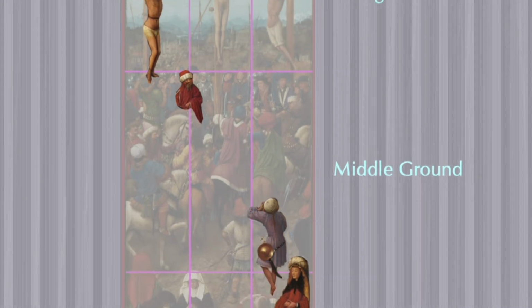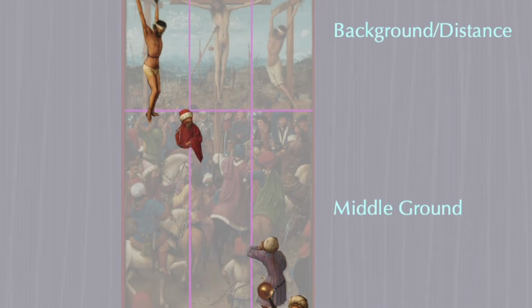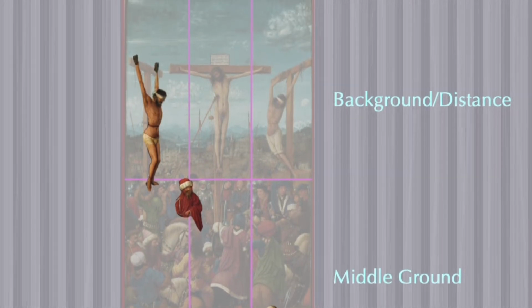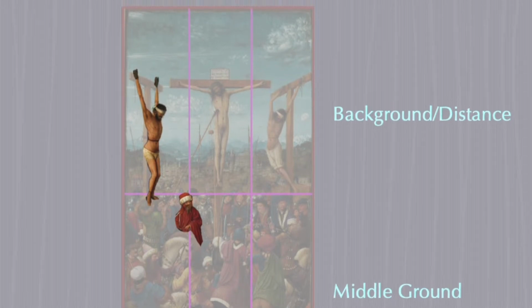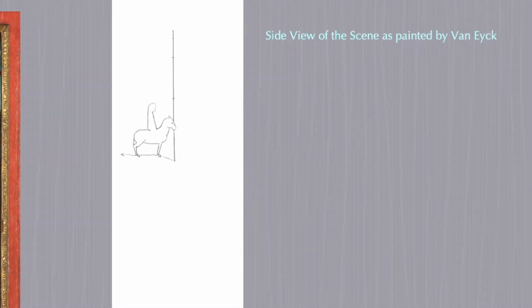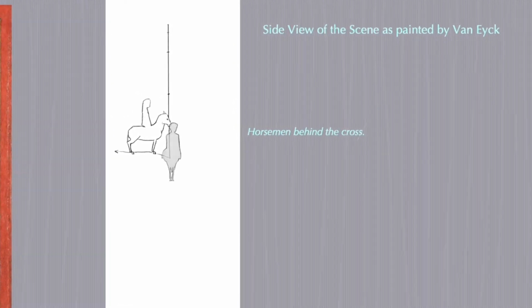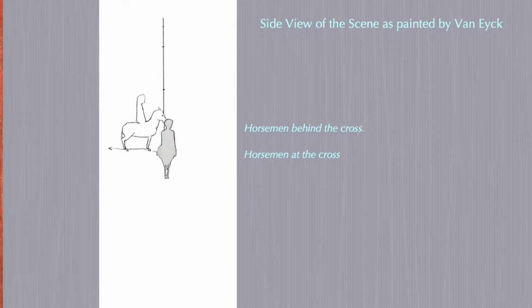And yet, considering the distance between the characters, we would expect to see their size noticeably recede as they stand closer to the cross. That is because although the painter wants us to believe that we are looking at a scene in three dimensions, he represented only on one plane.